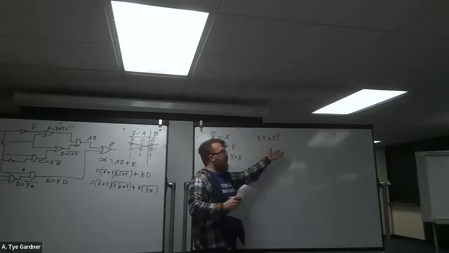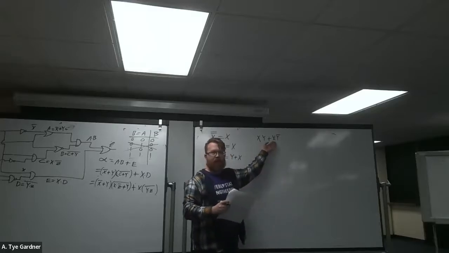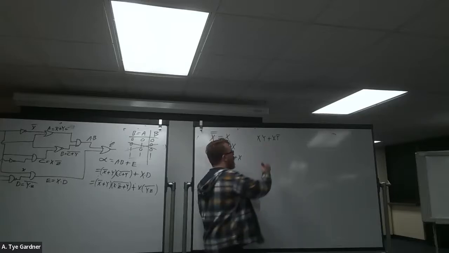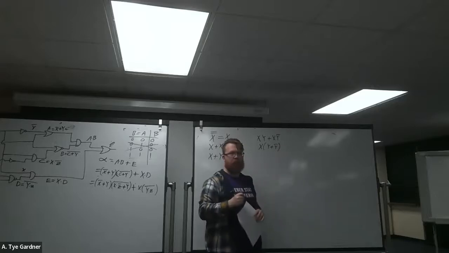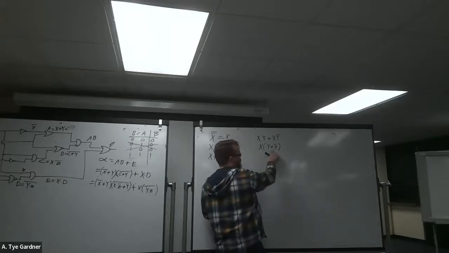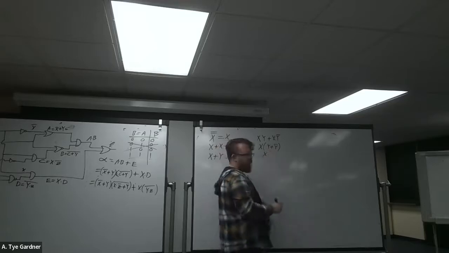Well, we can think about this in a couple different ways. We've already learned we can factor, and we can pull out the x. And then we say, well, this is just 1, it's always true, x.